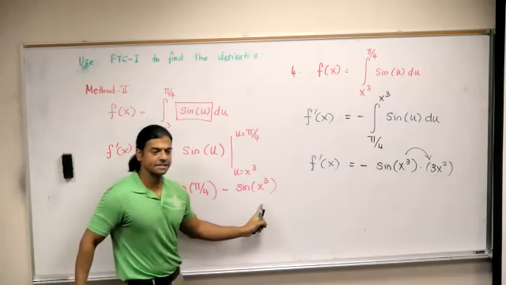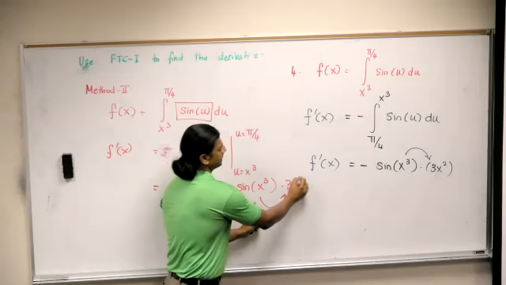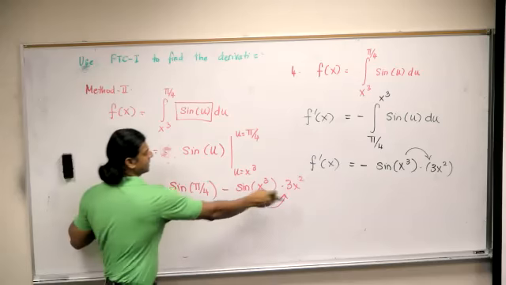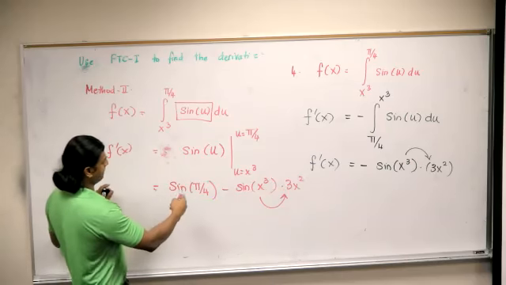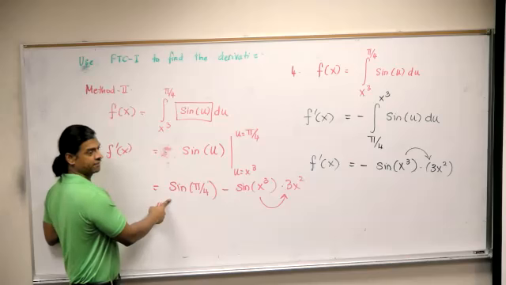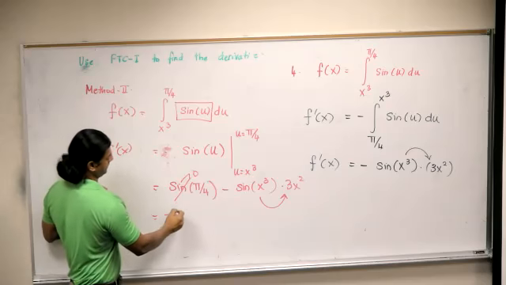Since that is a function of x, I've got to multiply by 3x squared. Yes? I took the derivative of that part. What is the derivative of sine pi over 4? 0.